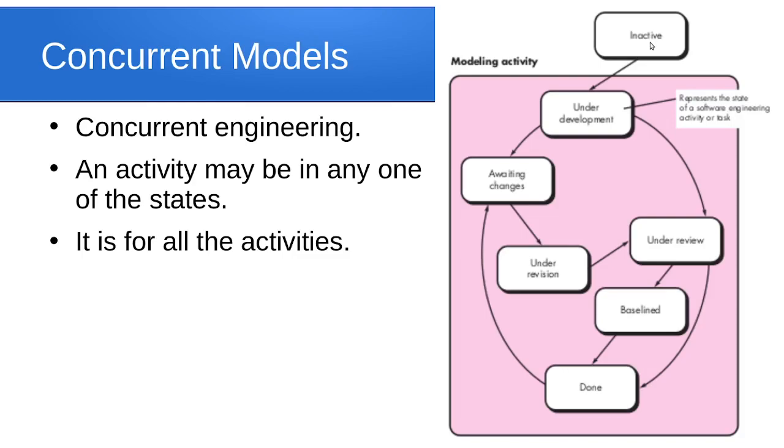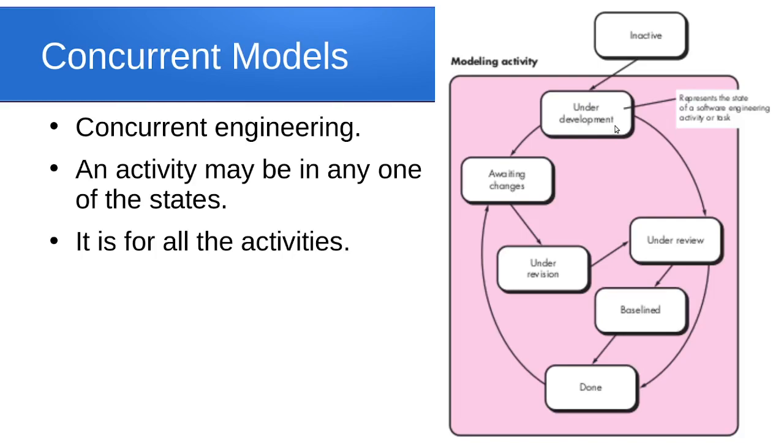So suppose now the communication phase has completed and is waiting for certain changes. Okay, so it is waiting somewhere, no problem. Now the modeling activity was inactive, and since communication has completed, a transition has occurred from inactive to under development. Now this modeling activity is in the under development stage.